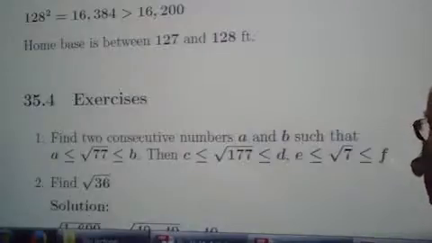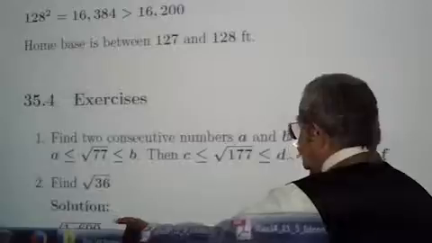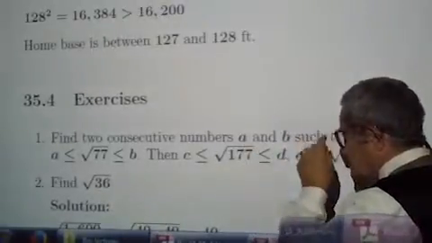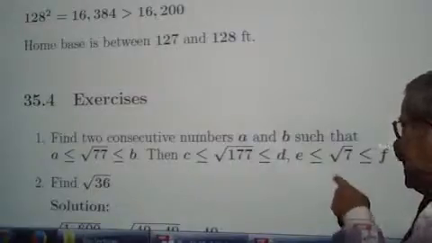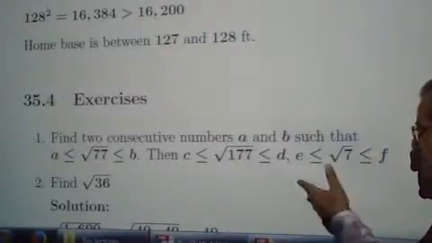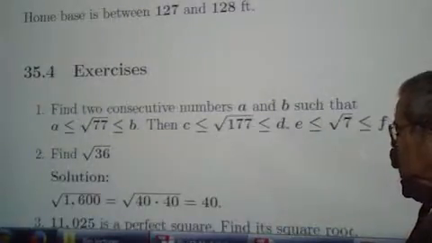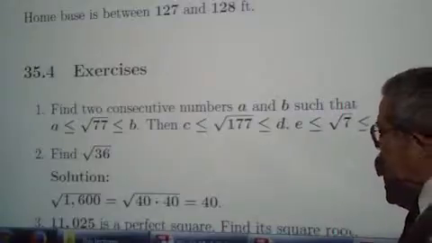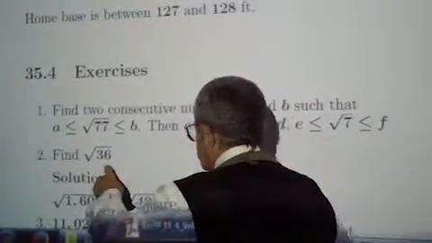And then I wanted to give you some exercises. Find consecutive numbers that bracket the square root of 7, the square root of 77, and the square root of 177. And then find the square root of 1,600.